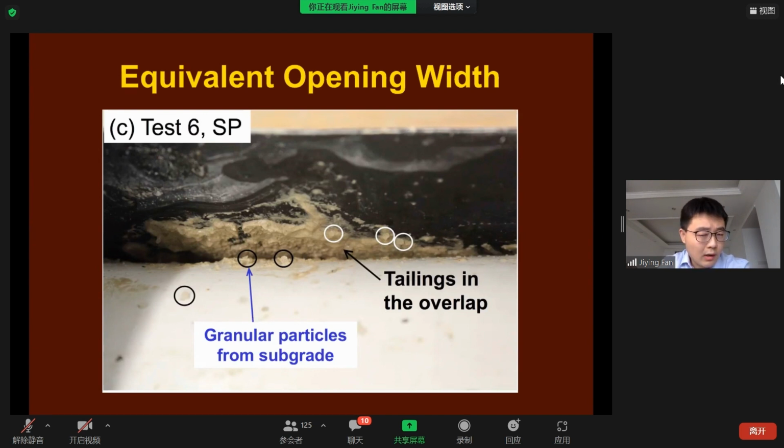Besides that, the irregularity in the overlap also comes from the subgrade coarseness and subgrade surface irregularity. All those factors result in increasing interface transmissivity with increasing overlying stress. And that's the reason the equivalent opening width for the defective extrusion weld increases with the increasing overlying stress.